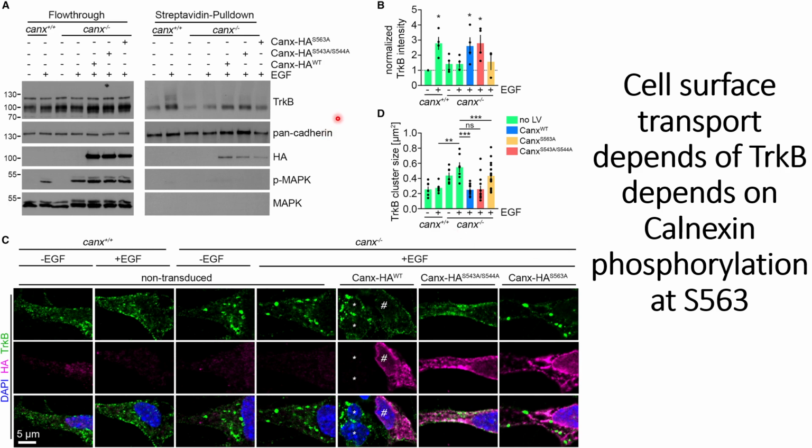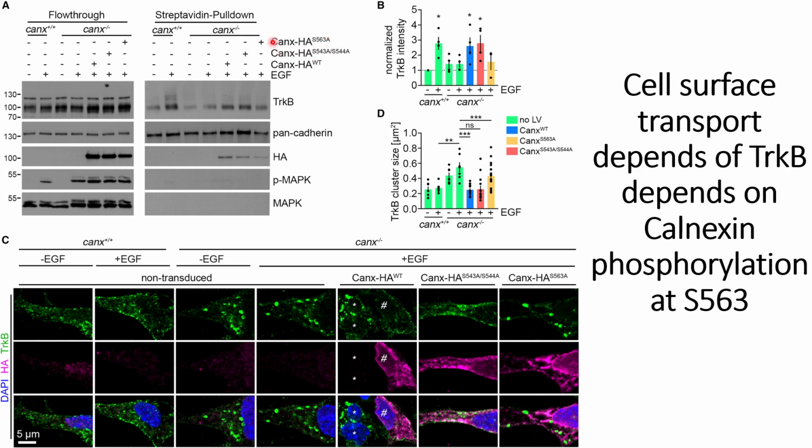So what they did is they created different constructs, one that has Calnexin as wild type and another one where Calnexin has been mutated at serine 543 and serine 544 with alanine, and this corresponds to the CK2 phosphorylation serine sites.